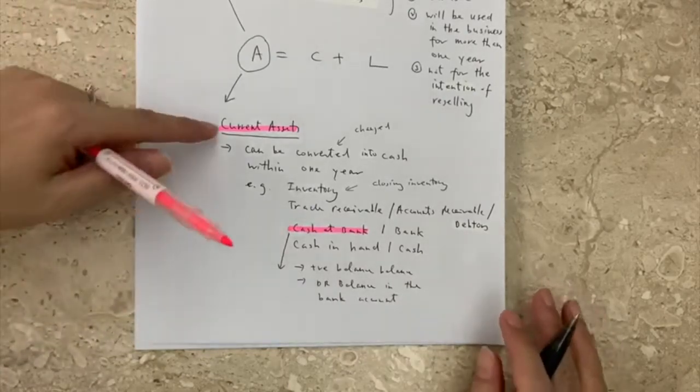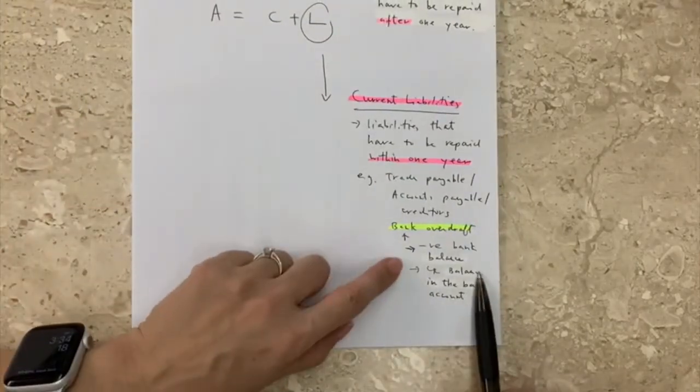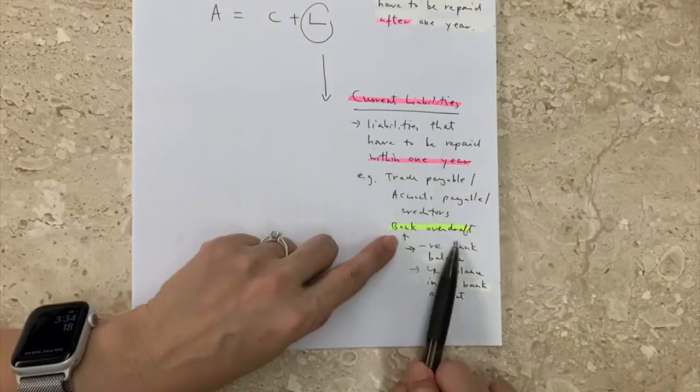So we have this debit balance in the bank account, which is positive, and if the bank balance is a negative one, then we have a current liability, which is a bank overdraft.